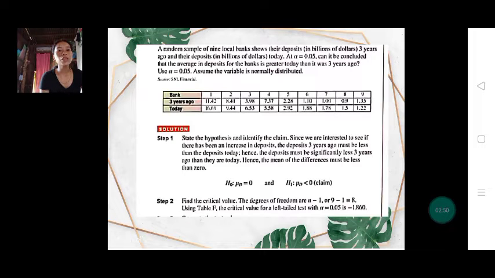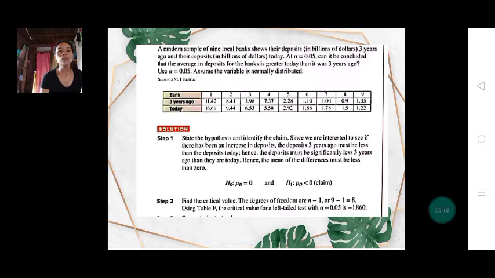So now we need to find the critical value. The degrees of freedom are n minus 1, or 9 minus 1, which is equal to 8. So using table F, the critical value for a left-tailed test with alpha equals 0.05 is 1.860.